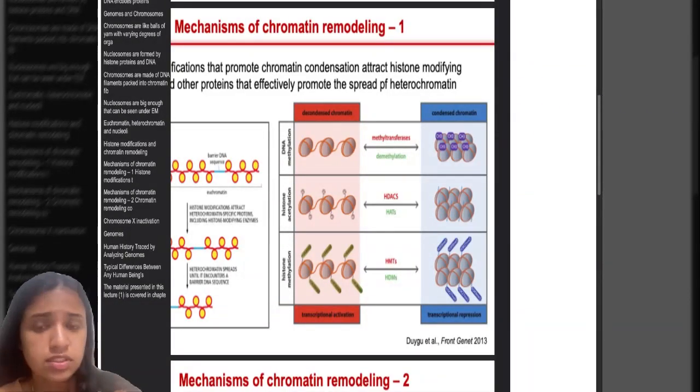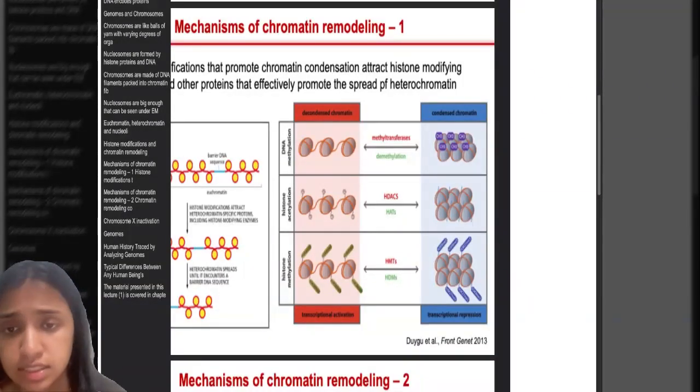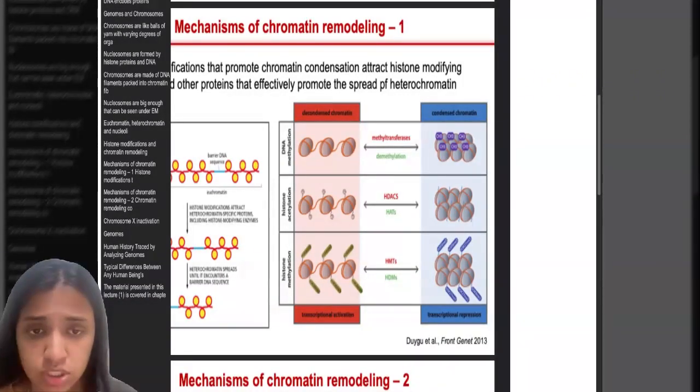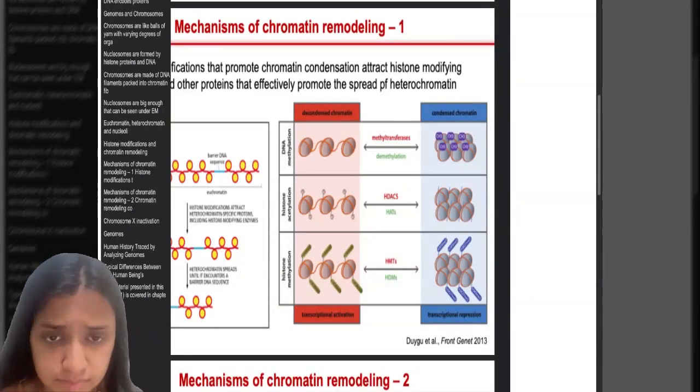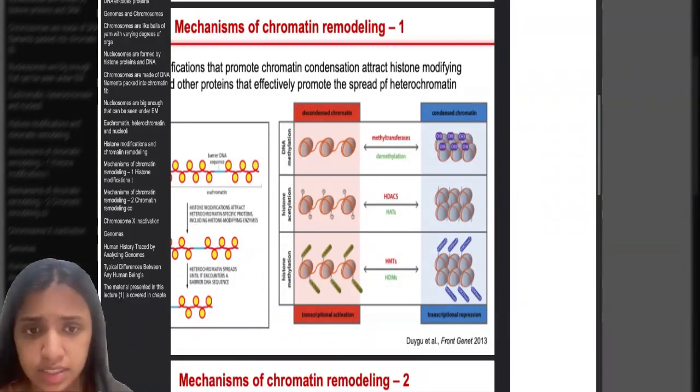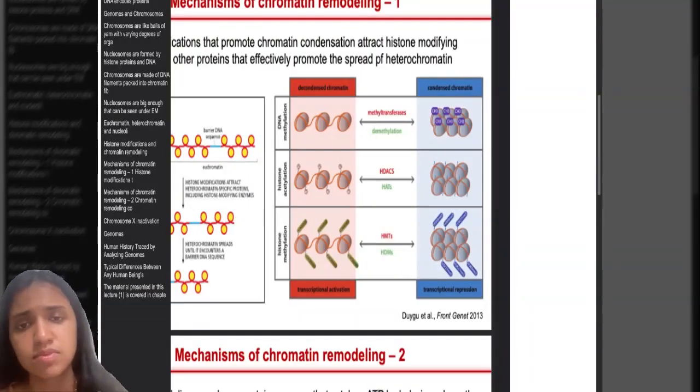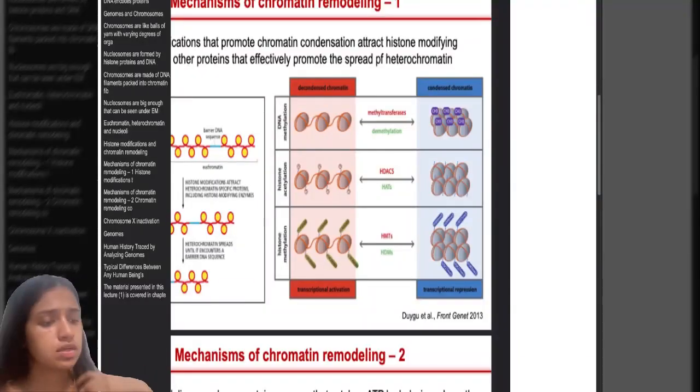And then you have histone acetylation: HDACs are making it into condensed chromatin, HATs are making it into decondensed. And then histone methylation: HMTs are turning it to condensed, and then HDMs are turning it into decondensed. So this is an interesting table, I would say, and I would jot this down.